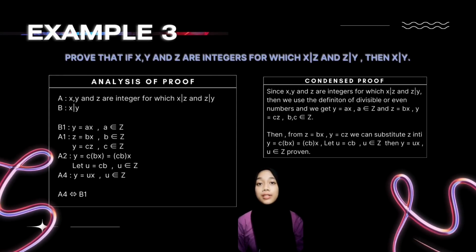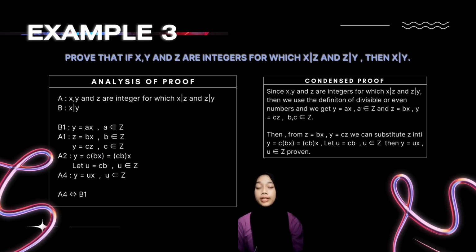Okay, so for the last example, the question is: prove that if x, y, and z are integers for which x divides z and z divides y, then x divides y.